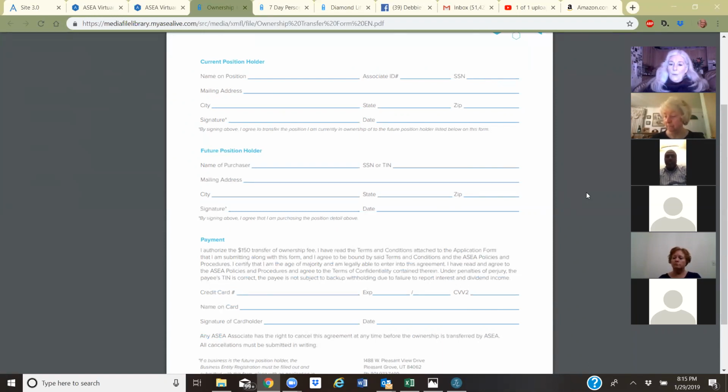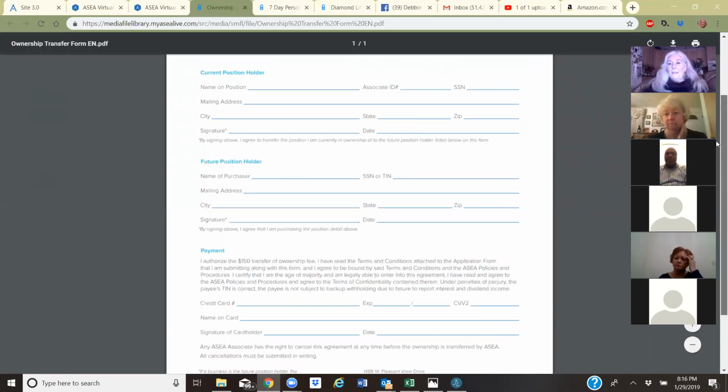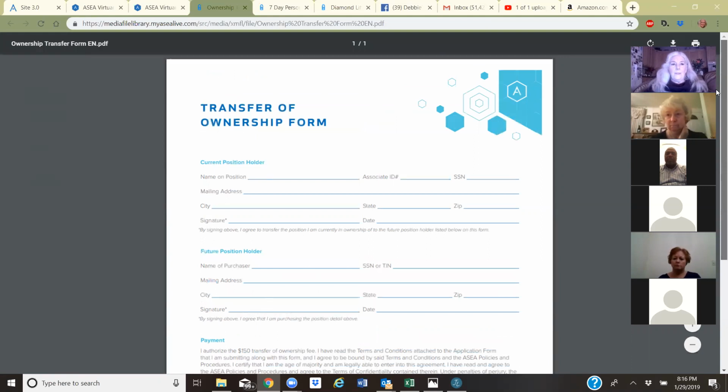I've had one person die in my organization, and the only way they take people off is that I had to turn in a certificate of death, because their spouse wanted nothing to do with it. I did find the obituary because I didn't want to bother her, and I sent that to them and they took him out. So that's, again, a legal thing that they have to have and do for that.